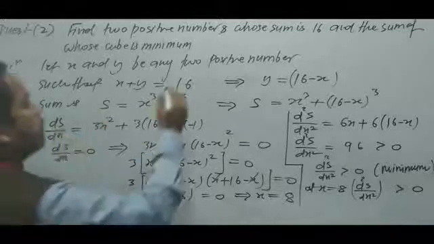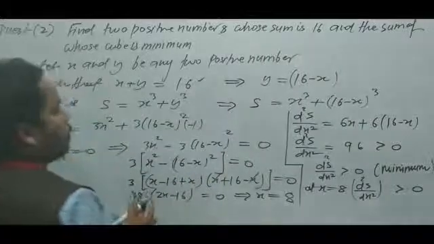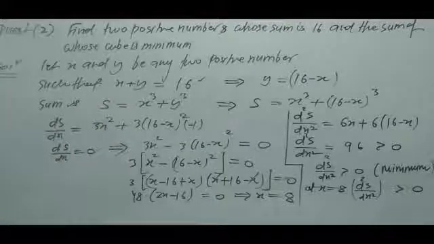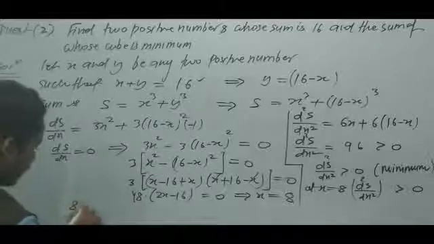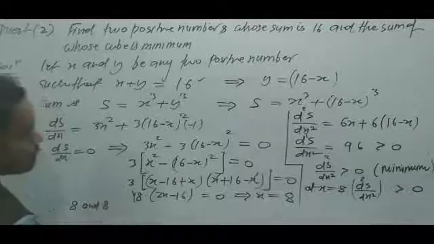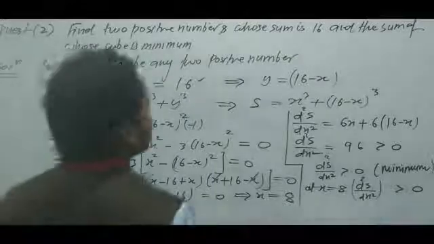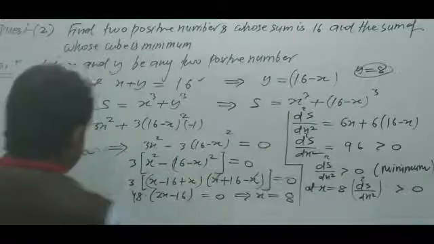In this expression when you put x is equal to 8, you get y is equal to 8, the same result. When you put x is equal to 8 and y is equal to 8, you get the sum of their cubes minimum. So how can we write? Therefore, 8 and 8, because when you put x is equal to 8 you get y is equal to 8.